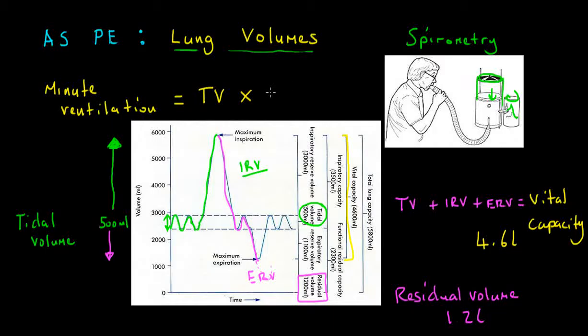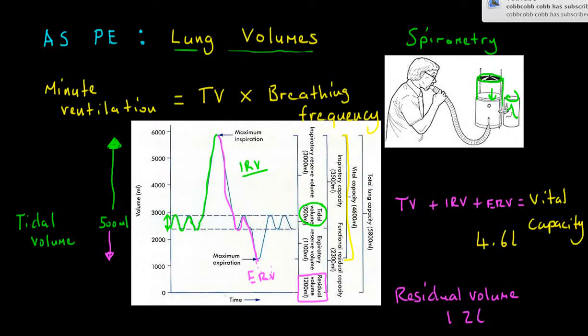It would have to be breathing frequency, which we sometimes call pulmonary frequency. That's how many times we breathe per minute, and we can therefore calculate our minute ventilation: tidal volume multiplied by breathing frequency.